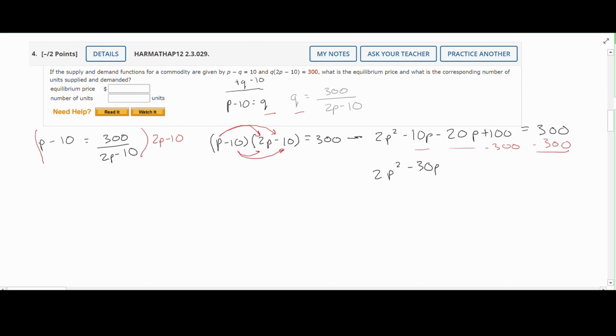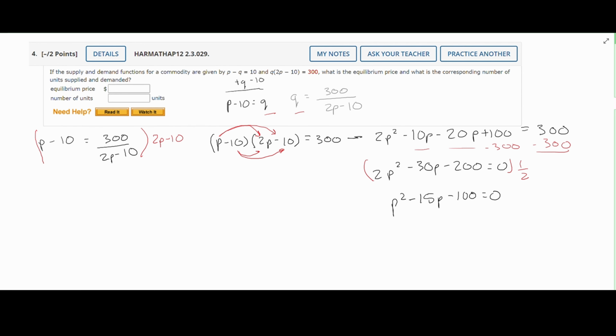If we do this, we are going to be left with a negative 200, and this is set equal to 0. Now, before we do the quadratic equation, we could simplify this a little bit by multiplying everything by 1/2. If we do this, we are going to get a simpler equation: P squared minus 15P minus 100, and this is equal to 0.